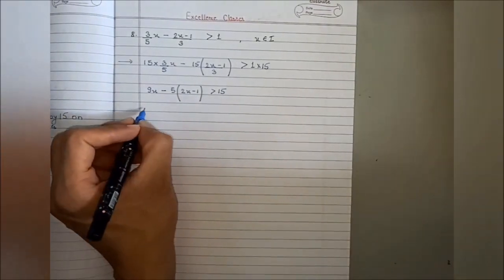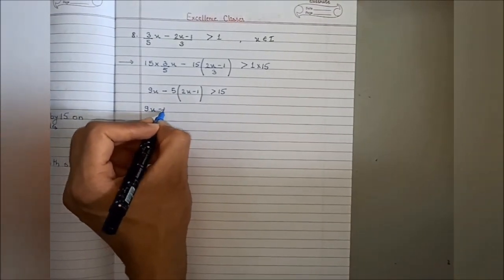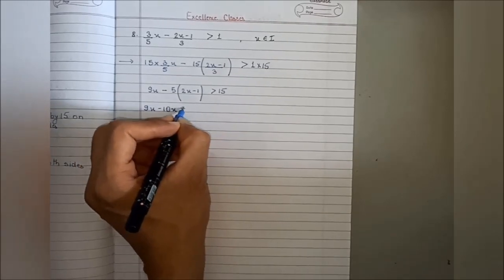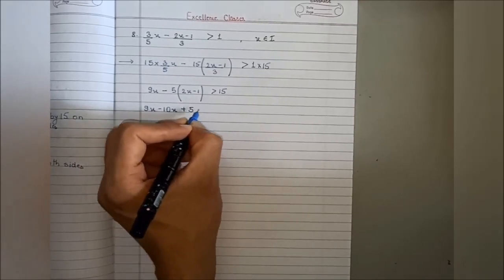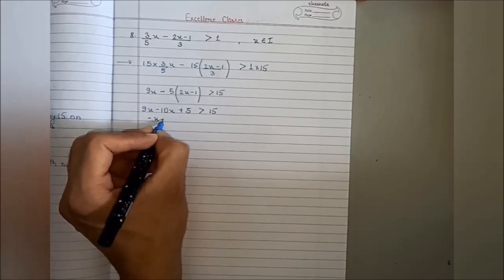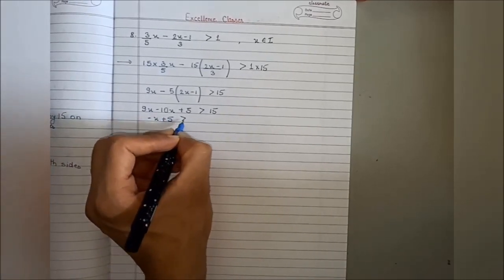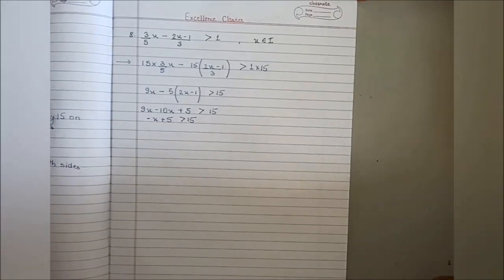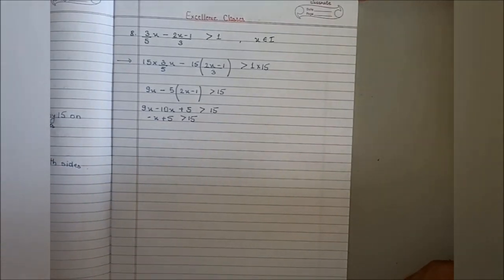Let us simplify this further. 9x minus 10x plus 5 greater than 15. So this will give me minus x plus 5 greater than 15.